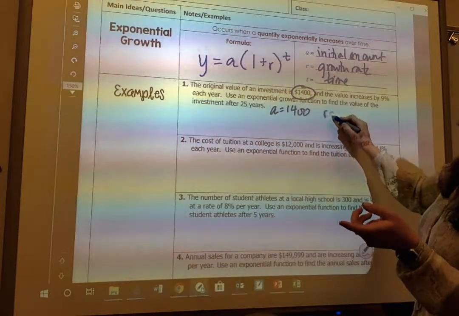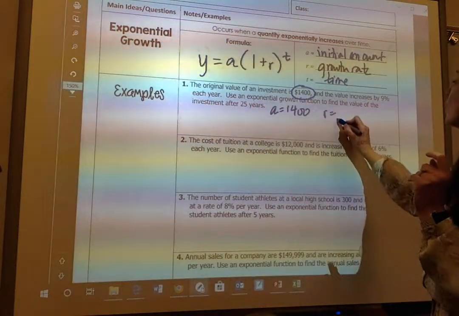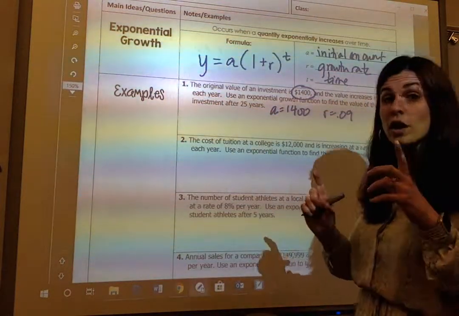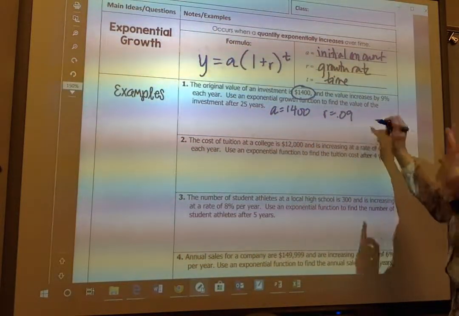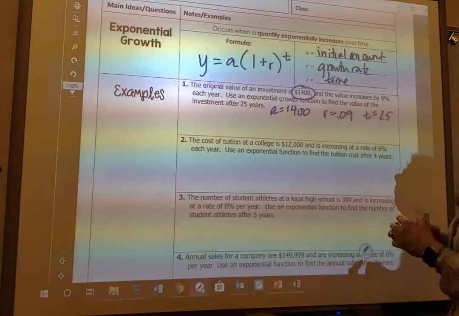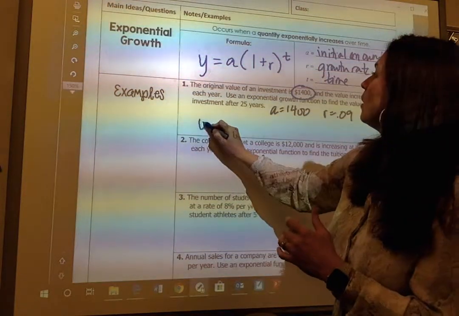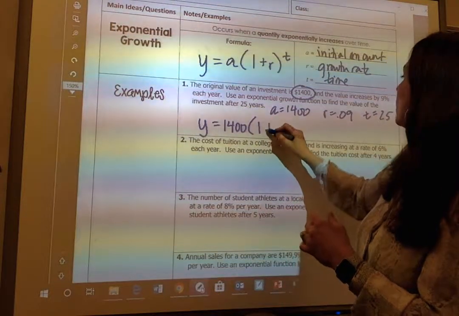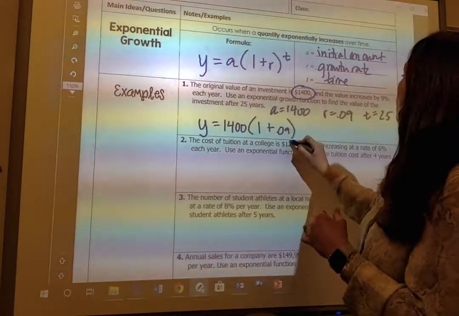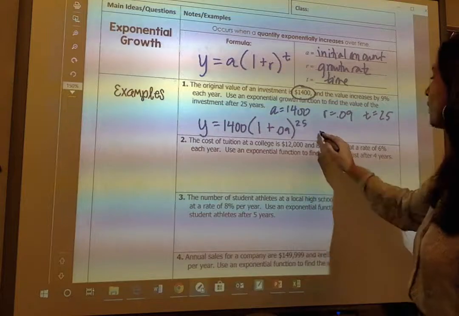My rate is 9% each year, so it's 0.09. My calculator's not going to read percent, it's going to read decimal. And then my time is 25 years. So I'm going to plug that into my formula: Y equals 1,400, open parentheses, 1 plus 0.09, raised to the T power, which is 25.